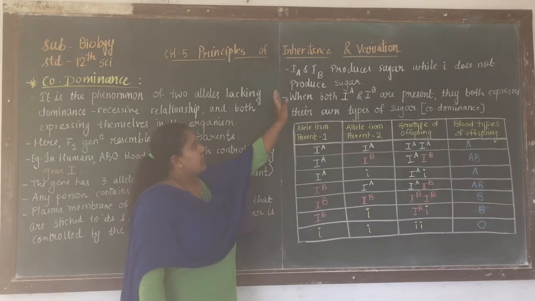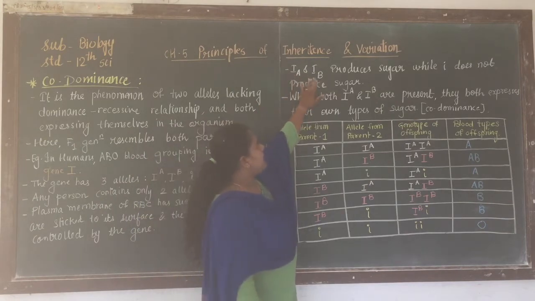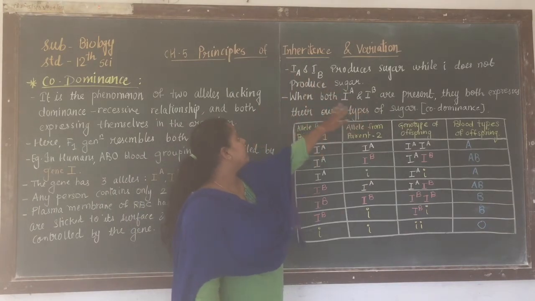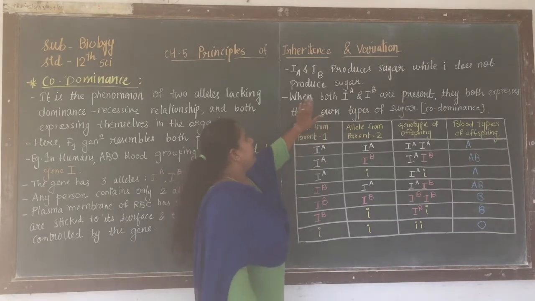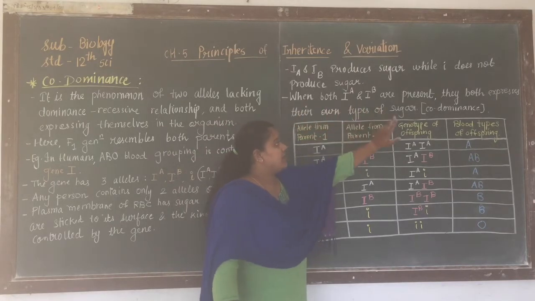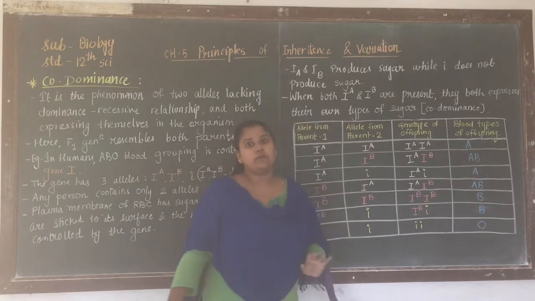Next is, I have already written here, IA and IB produce sugar while small i does not produce sugar. Now when both IA and IB are present, they both express their own types of sugar.